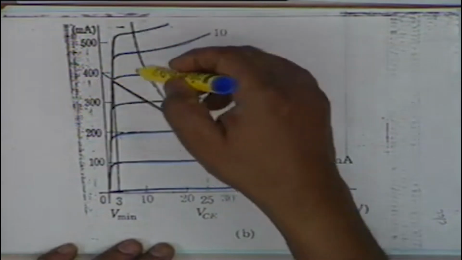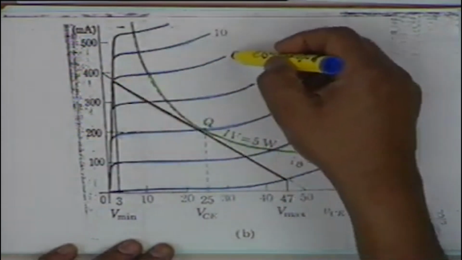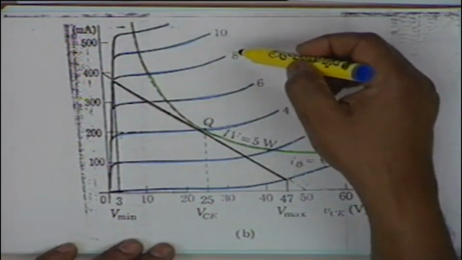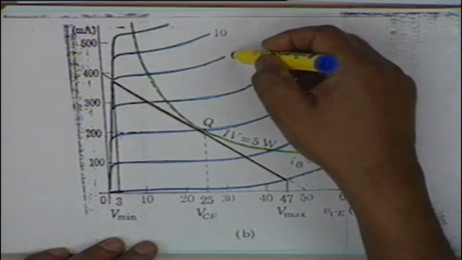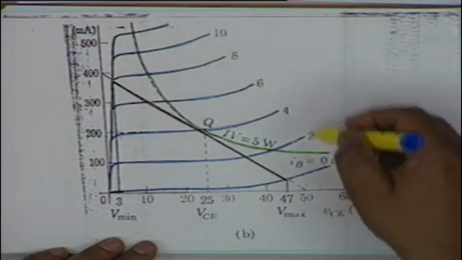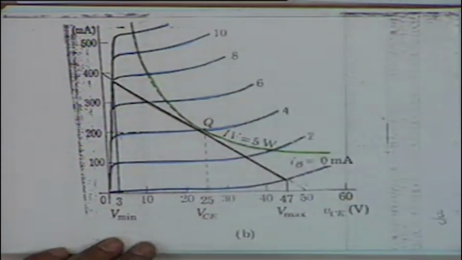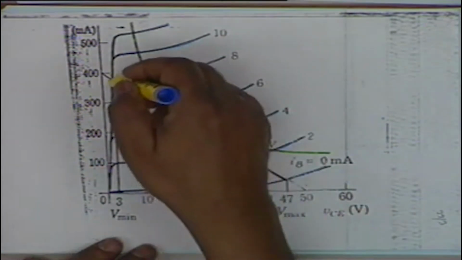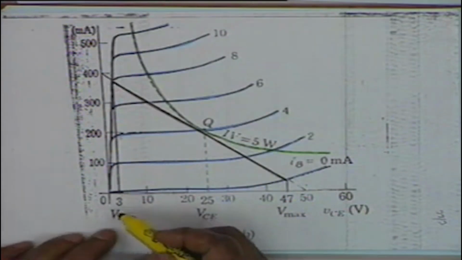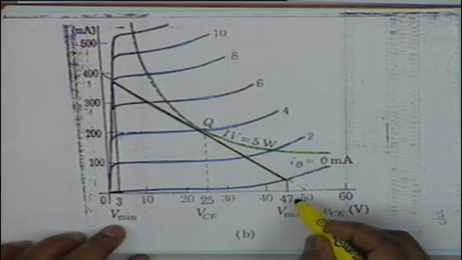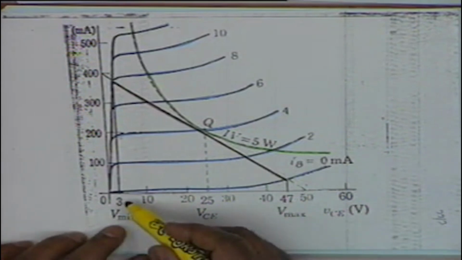It cuts at IB equal to 8 milliamperes. So this is the maximum IB that can be allowed. Small IB can range from 0 to 8 milliampere, and because of saturation the voltage cannot go below 3 volts, and therefore V max is 47 and V min is 3 volt.